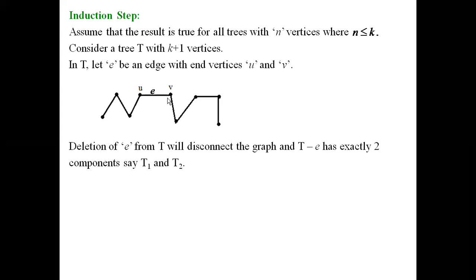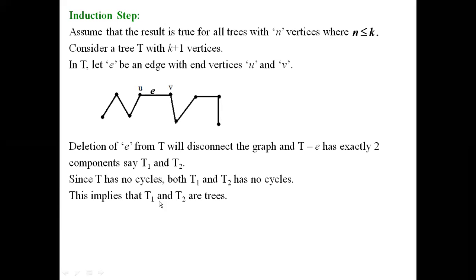So suppose we delete this edge E, then this forms two components, or it becomes like two trees for us. Each of them is a tree. So it is T1 and T2. Since T has no cycles, both T1 and T2 also will not have any cycles, and hence T1 and T2 are also trees.